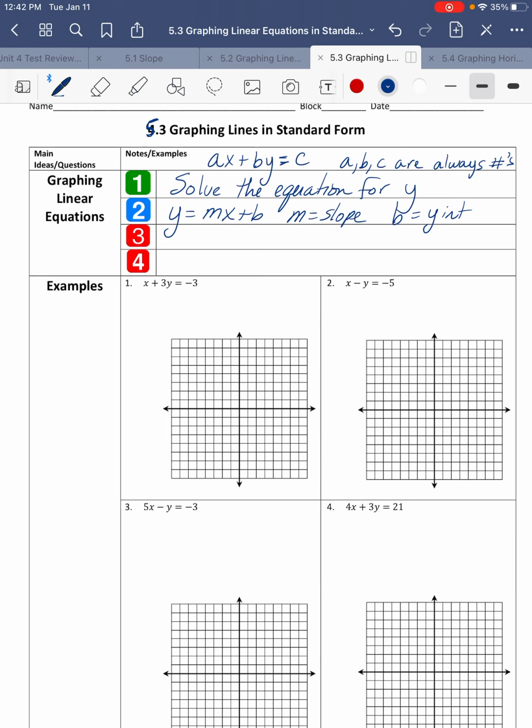So you're going to plot the y-intercept first, then use the slope to find other coordinates.